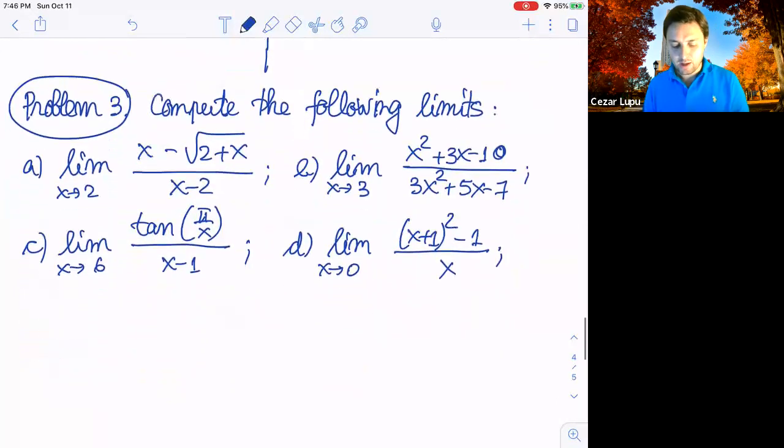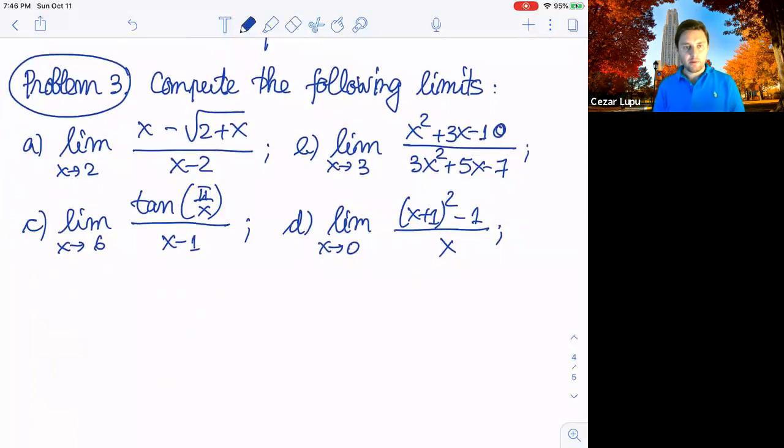Now, as you can see, this problem is very similar to the previous problem. So let's look at the first one.